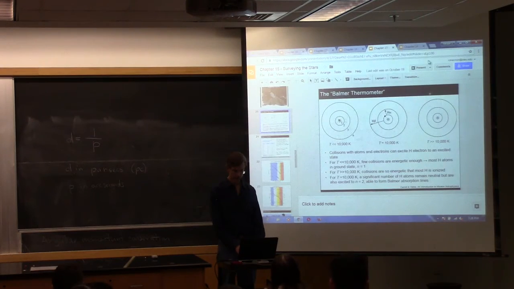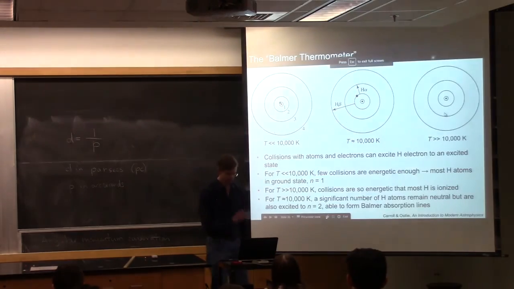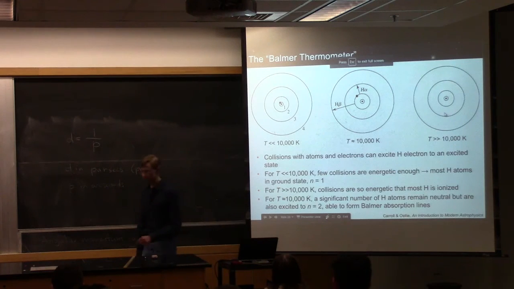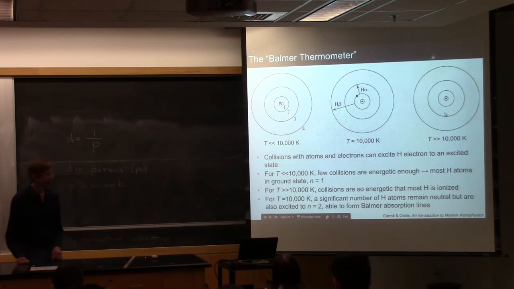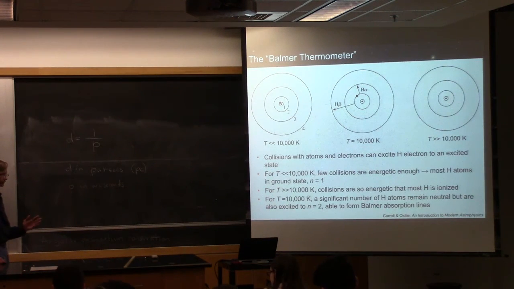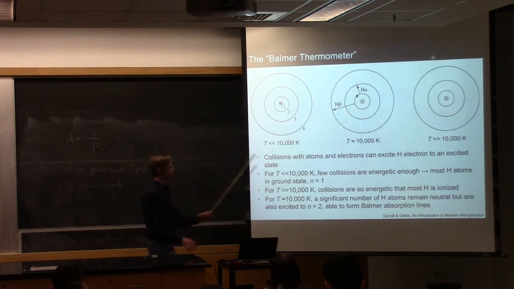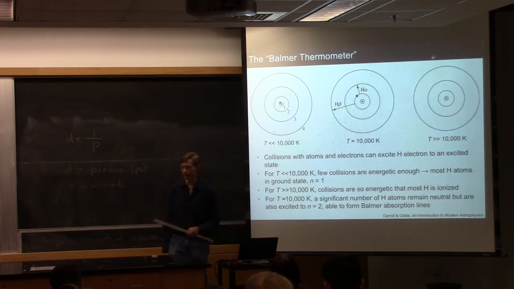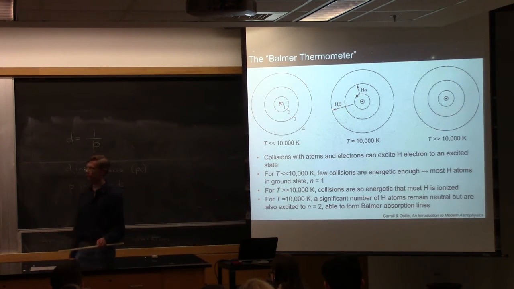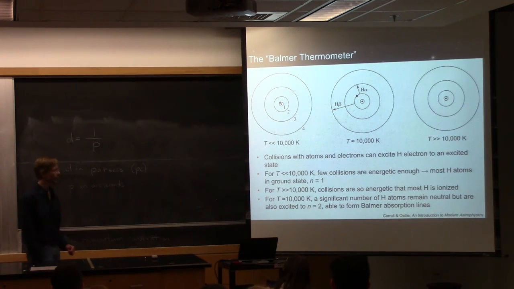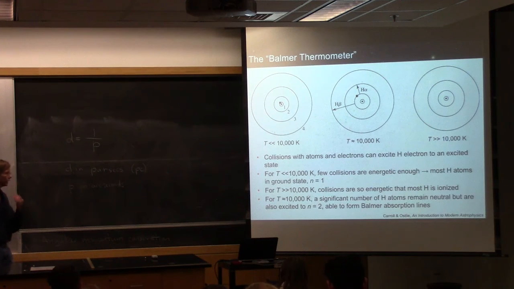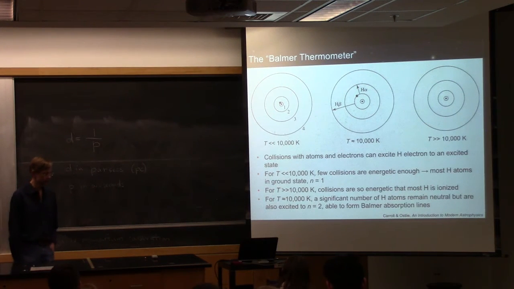So the idea is that spectral lines of hydrogen are darkest, i.e. strongest, in stars with a temperature of around 10,000 Kelvin at their surfaces. They are weaker in stars that are hotter than that. They are weaker in stars that are cooler than that.